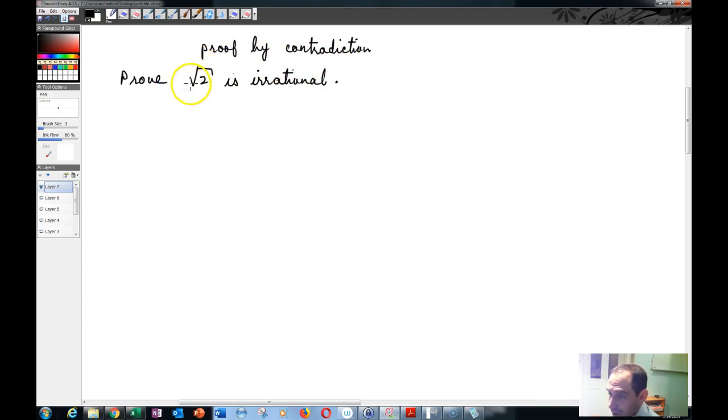If the statement is that the square root of 2 is irrational, the negation of this statement would be that the square root of 2 is not irrational, or the square root of 2 is rational. So you have to assume, to the contrary, that the square root of 2 is rational.